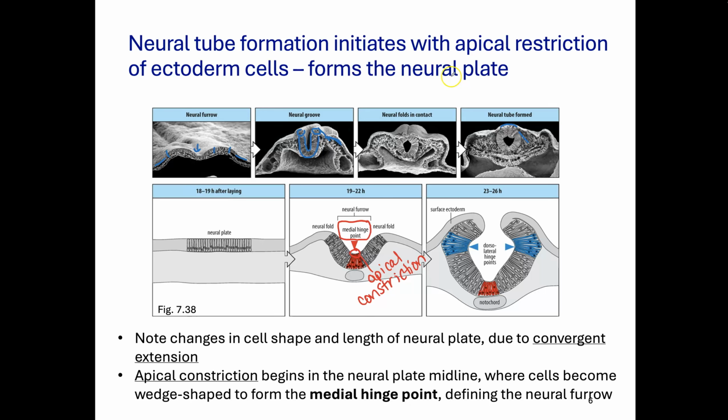So the apical constriction begins in the place where the neural furrow first forms, and this is called the medial hinge point. Medial means middle because it's right in the center, the midline of the body. And these are apical constrictions, so cells have apical and basal polarity.